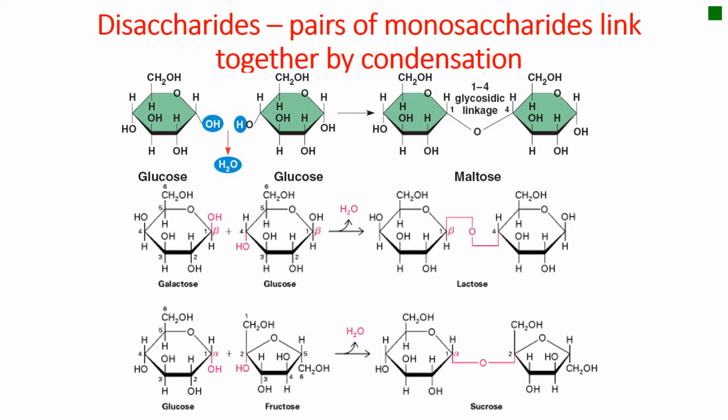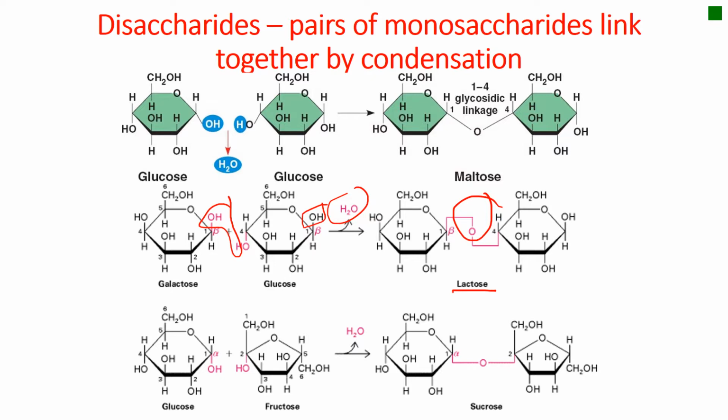How do you know it's beta? Because again, you can see that this OH or hydroxyl is on the top, together with the side chain. Now, they combine this OH and H, so they will have oxygen and water will be produced as the side product. And we have lactose: galactose plus glucose gives lactose.